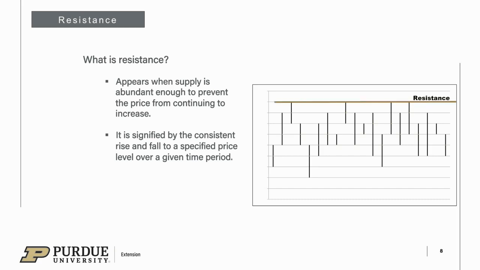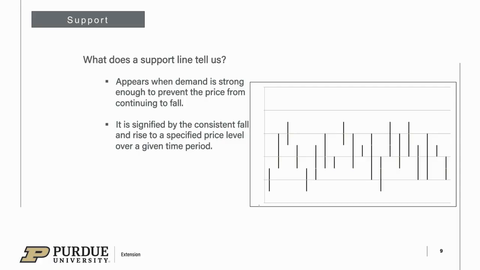And in our chart that we have here, we have our resistance level marked in brown. As you can see, the price keeps coming and going, and it hits that resistance 4 different times. Resistance is finally over once prices rise above that level, and it signifies then that prices have decided to change and are going upward.